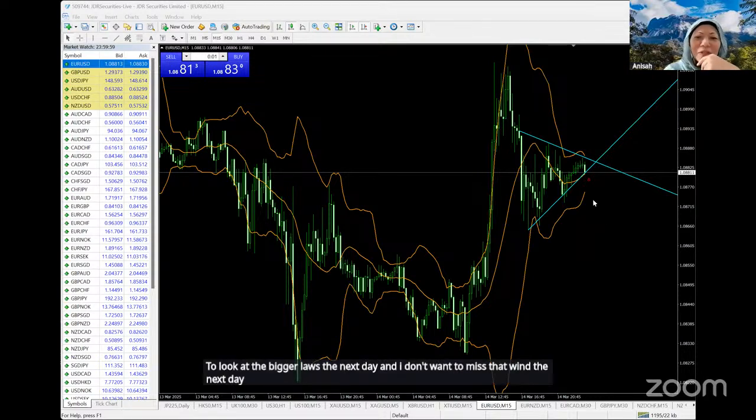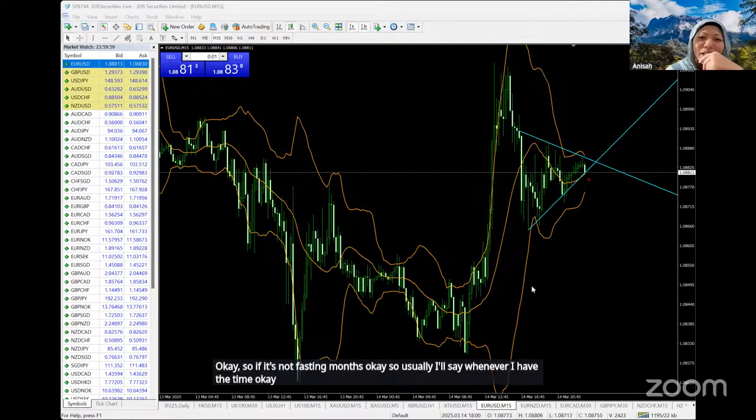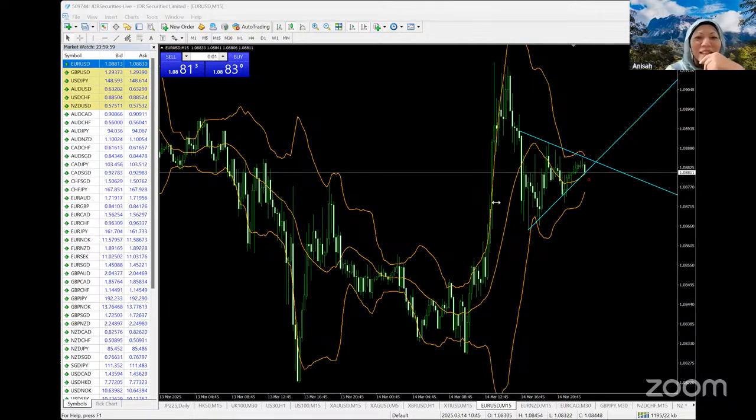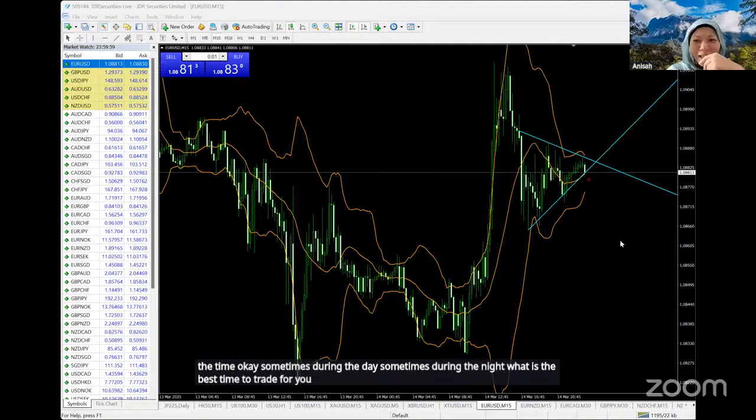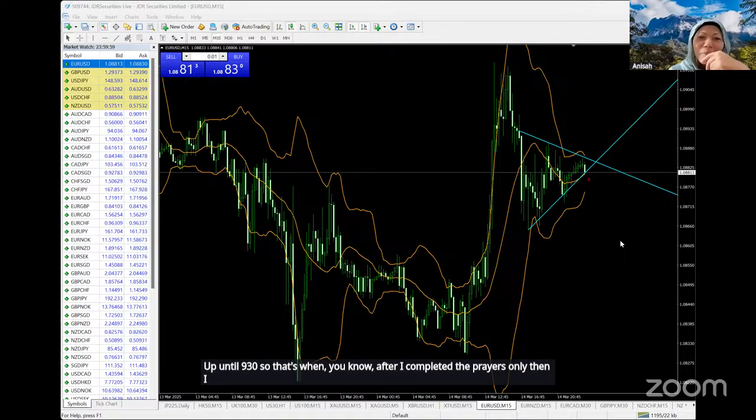If it's not the fasting month, I'll trade whenever I have the time, sometimes during the day, sometimes during the night. The best time for me: because this is the fasting month, we have additional prayers up until 9:30. After I complete the prayers, only then I open my charts and start trading if there is an entry.